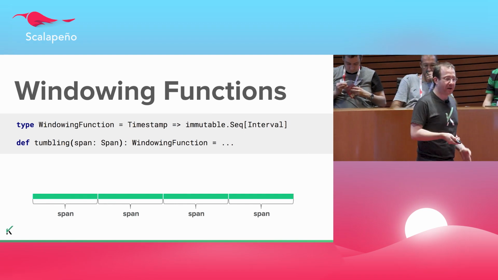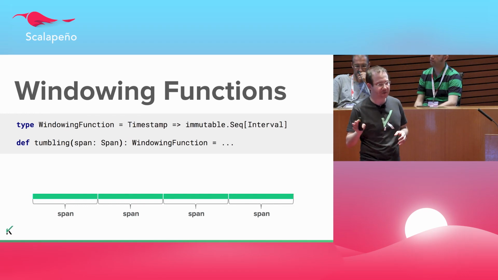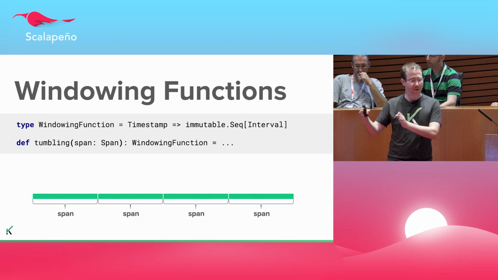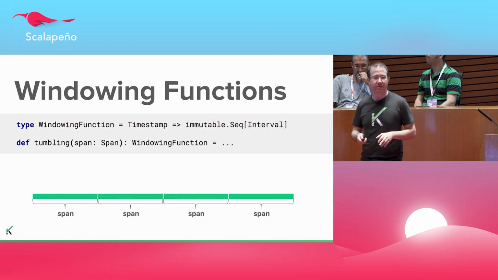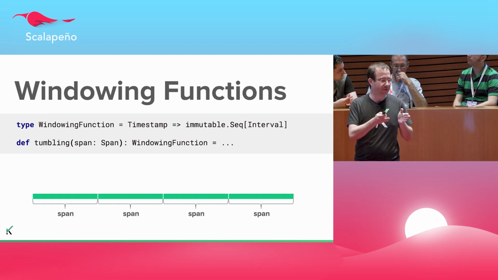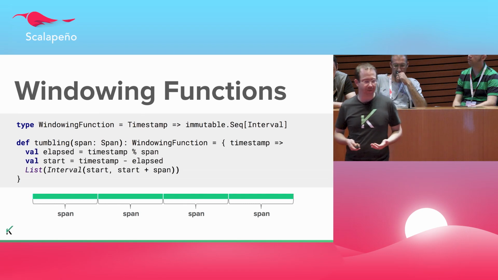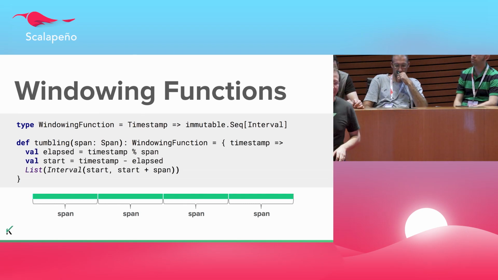So a window function is a function from a timestamp to a sequence of intervals. In this case, we're going to get a timestamp and return just a single interval which the timestamp fits in. So the implementation for that is trivial, and there's no reason that we should go into it.